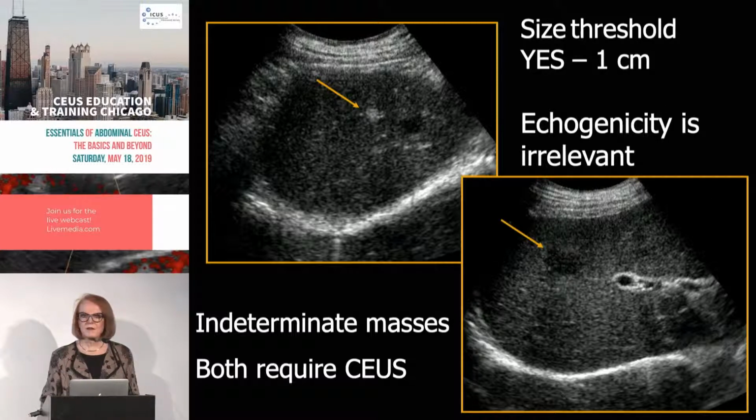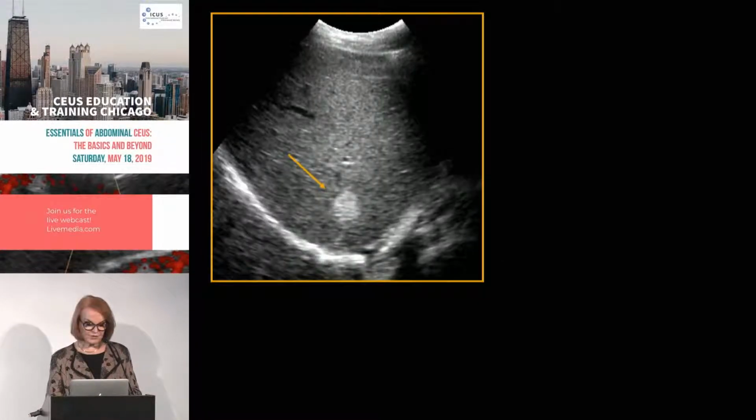We all make the assumption that some nodules are hemangiomas, but those are always to be inferred or guesstimated only on a patient who doesn't have risk that they actually have cancer. So they can't be at high risk for HCC, and they can't have had a previous cancer of any kind, particularly colorectal. So both of these require contrast ultrasound.